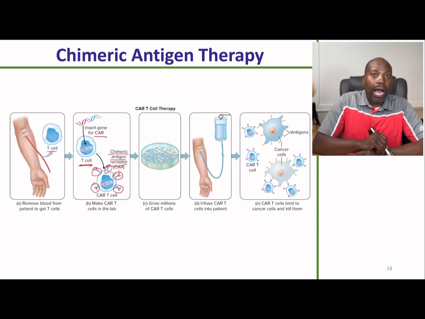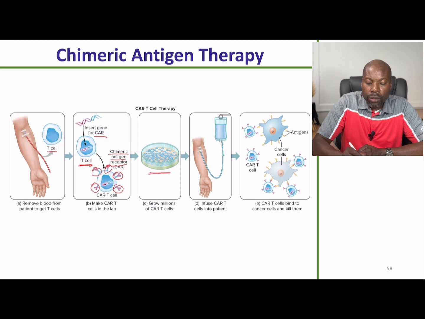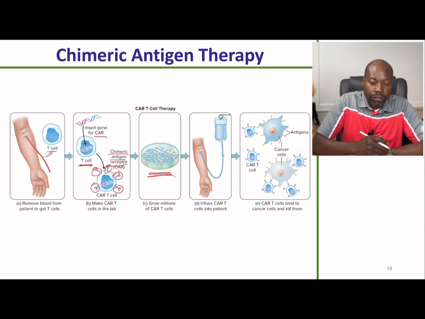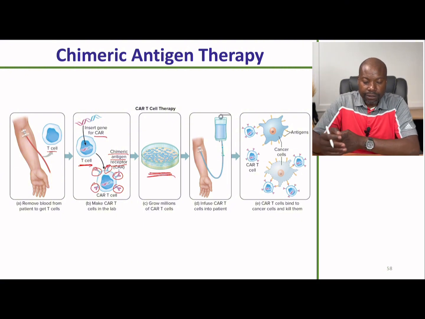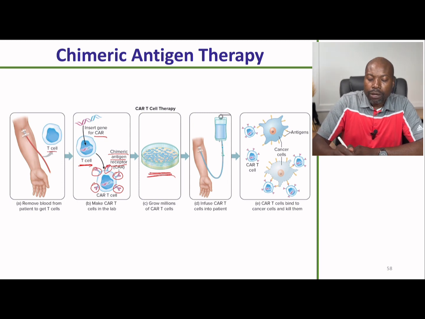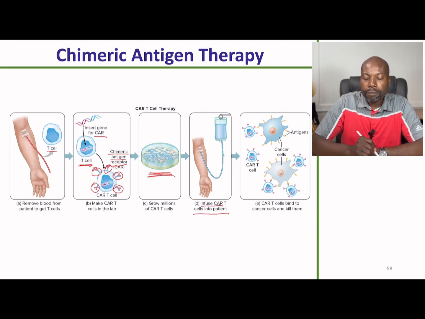Now, after verifying that the T cell is expressing a chimeric antigen receptor, these cells are going to be grown in a lab. And after successfully growing the cells in large amount, now the cells are going to be put in a patient by infusion, right?